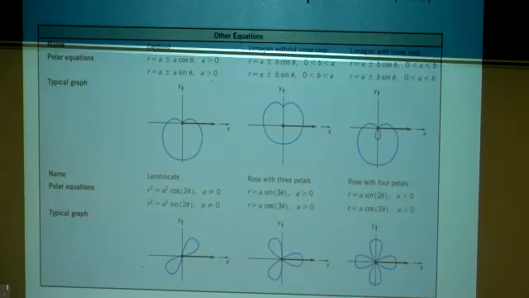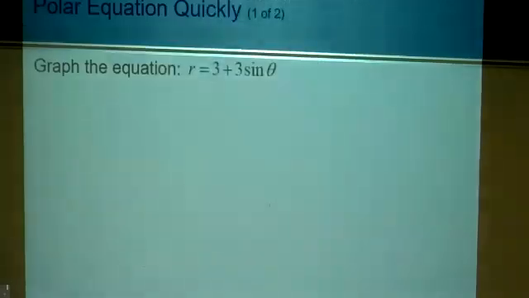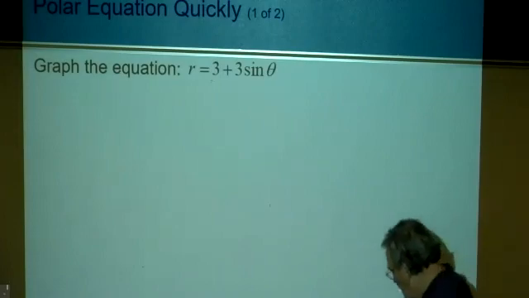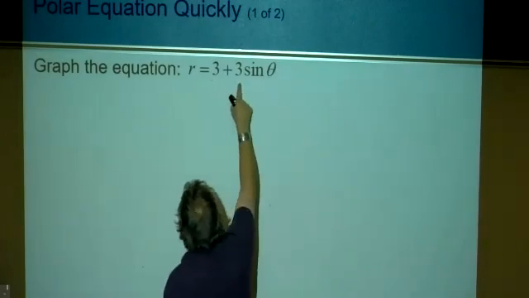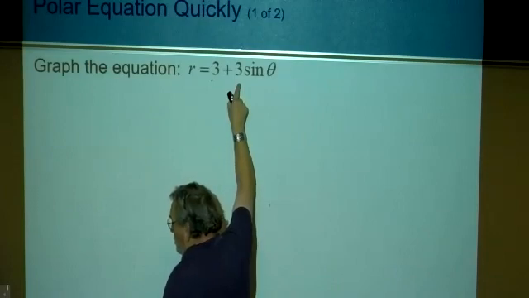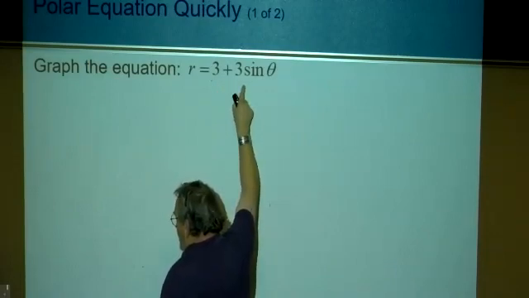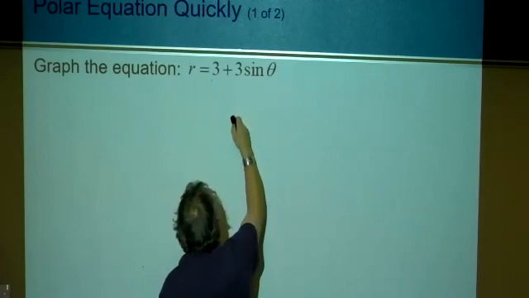All right. And so now we graph this. The lemniscates, the a and the b aren't equal. What are the other ones called?